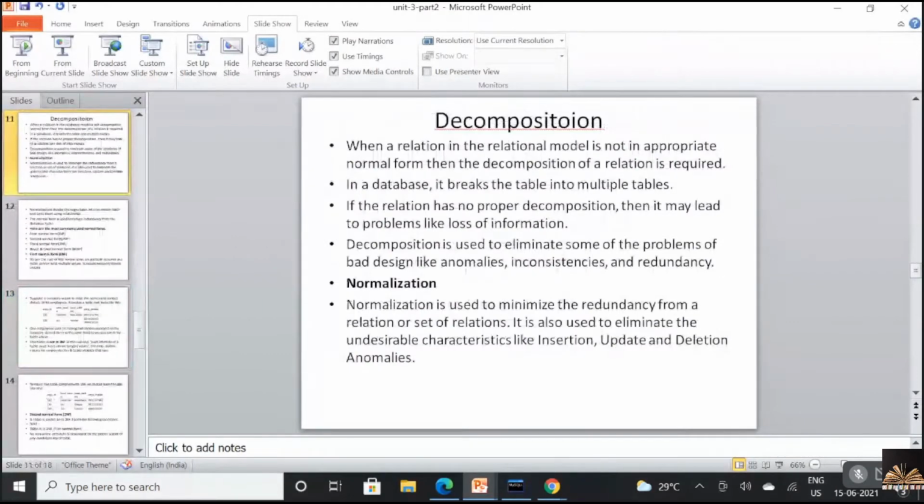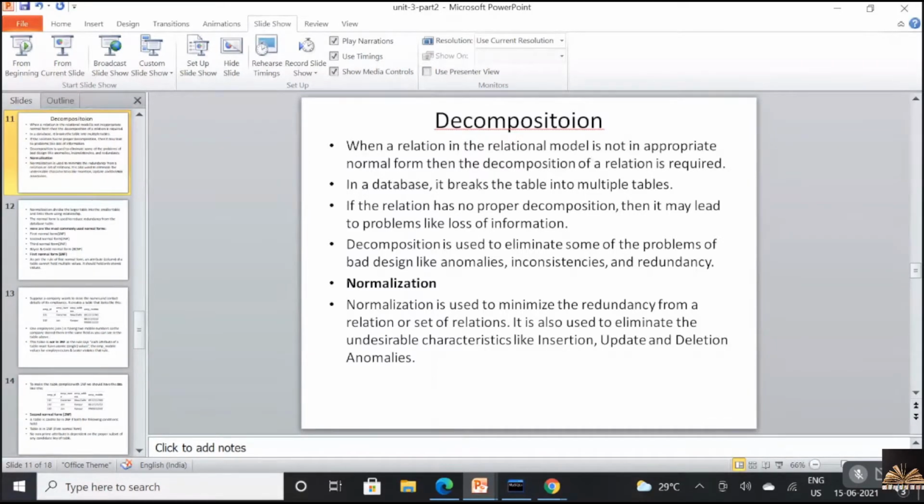Decomposition means you are breaking up a single table into multiple tables so that you eliminate insert, delete, and update anomalies, and reduce redundancy along with inconsistent data.